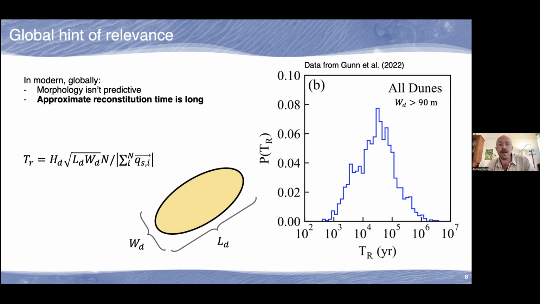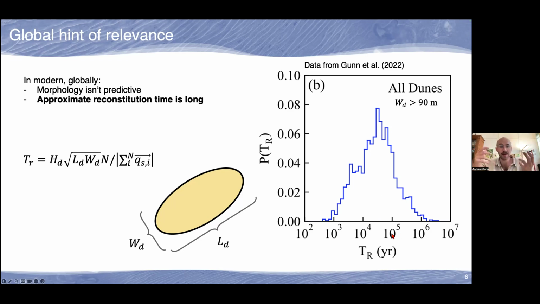And if we use the data that was in the previous plot and some other parameters that are in this paper, you can build a probability distribution of the reconstitution time for all these giant dunes on Earth. The peak of this distribution is around maybe 20,000 years, 30,000 years. This is a log scale.